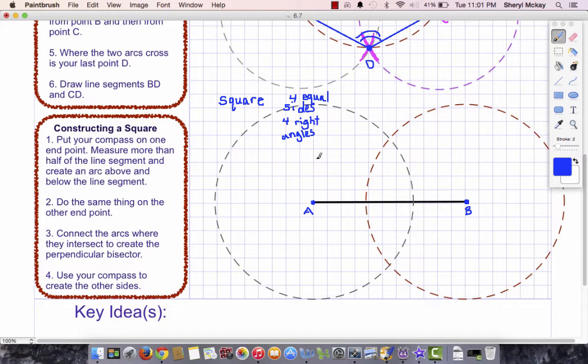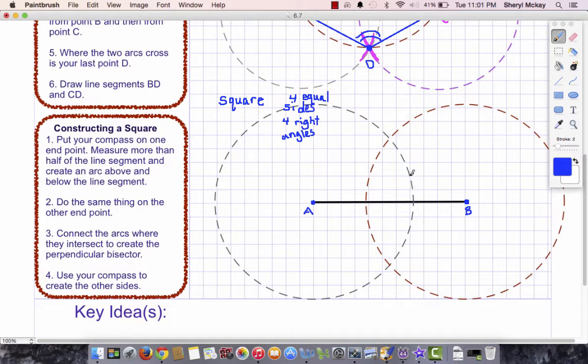So the first thing I want you to do is take your compass and put your point on the A. Then extend your compass so that it goes beyond the halfway mark, where it's obviously more than halfway across the line segment. You can see that my gray circle is coming more than halfway across the line segment.